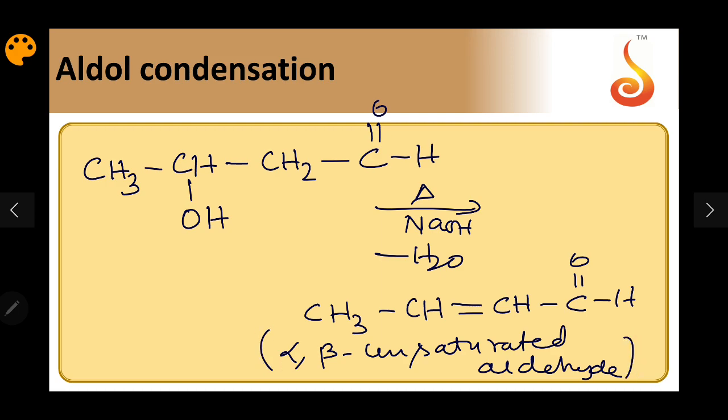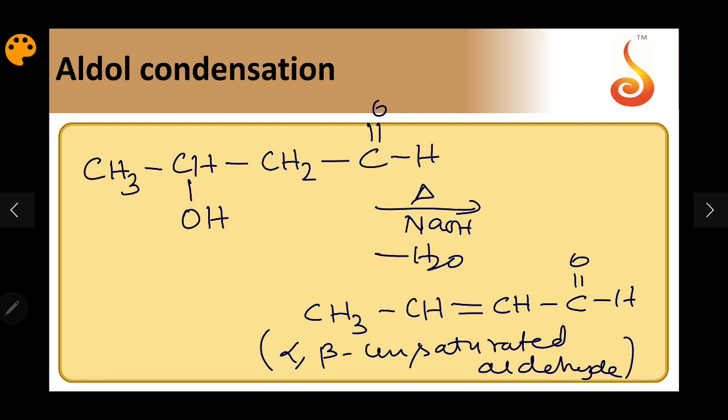If condensation is completely done, it has to form an alpha beta unsaturated carbonyl compound. To form it, the original carbonyl compound requires a minimum of 2 alpha hydrogens. One alpha hydrogen is enough to form the aldol. The other alpha hydrogen is required to form the alpha beta unsaturated carbonyl compound.